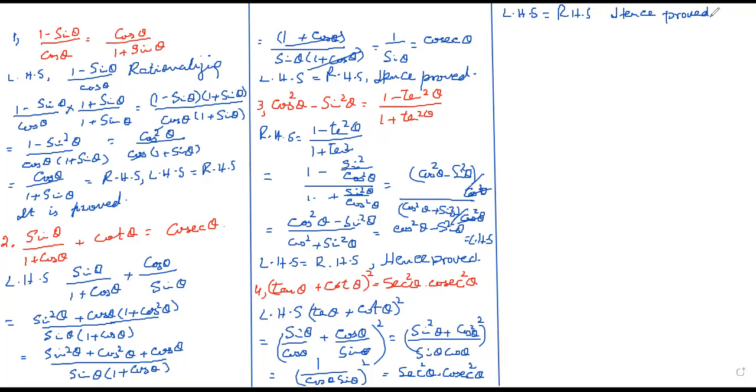Right. Okay, come to question number 5. Prove that secant theta minus tangent theta, the whole square, equals 1 minus sine theta over 1 plus sine theta.